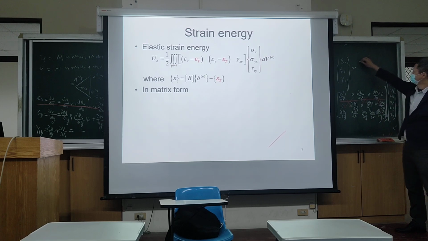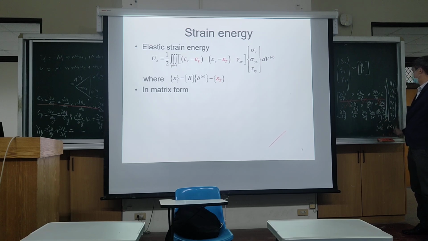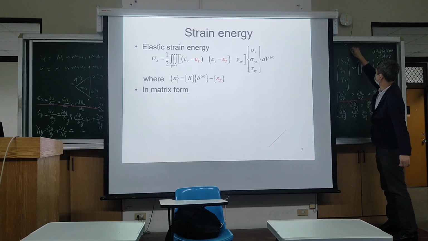So what you're writing here is what you call a B matrix, which is 3 by 6 times 6 by 1. And then this displacement vector, we sometimes give it the short form of delta. This is the displacement vector. This is the gradient of the shape function. Okay.